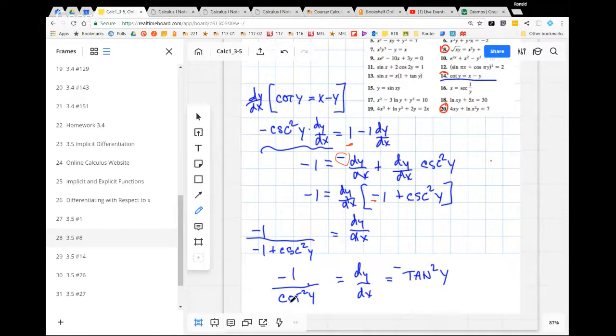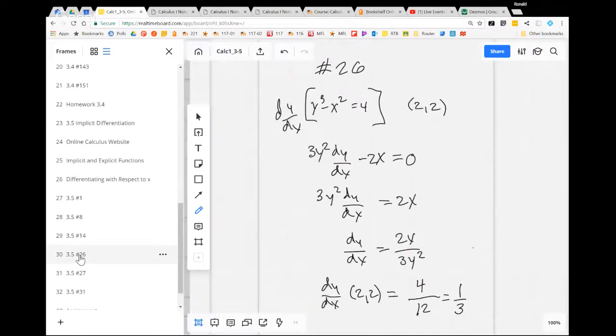And -1 plus cosecant squared is a trig identity. That's the same as the cotangent squared. And the reciprocal of the cotangent squared is the tangent squared. So really either one of these would have been fine for the derivative. Okay, so that was 14.